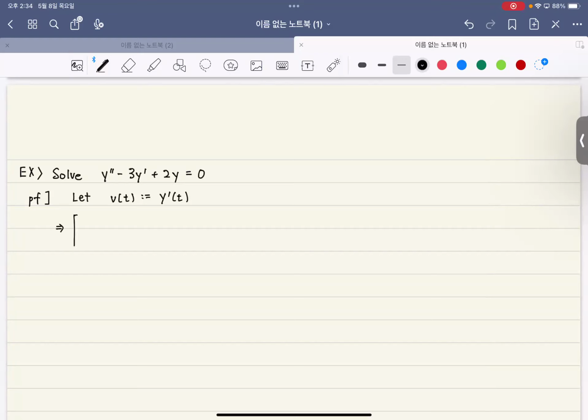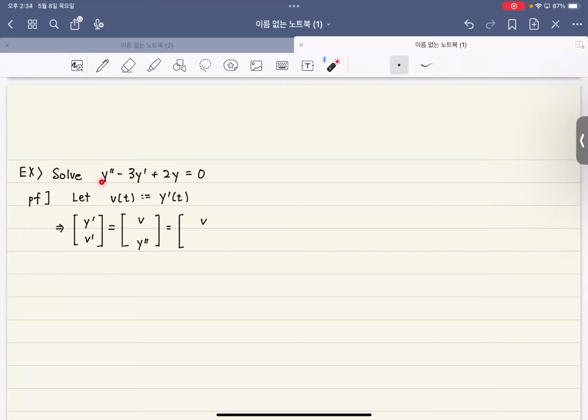Then y prime is just v. I will simply omit the t. y prime is v, and v prime is y double prime.